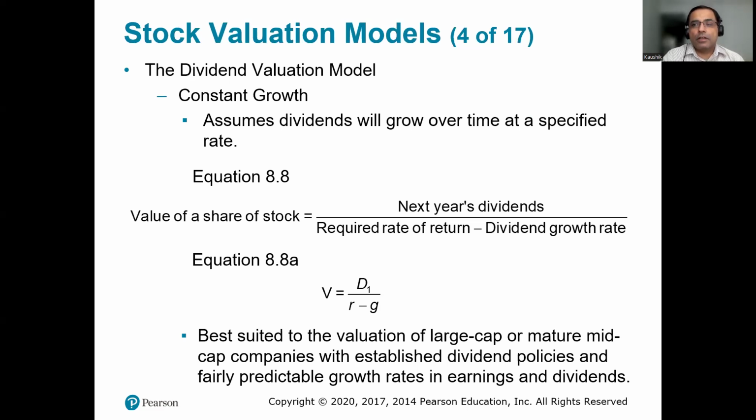So this formula is more relevant for large cap or mature mid cap companies. So they have a predictable dividend payout policies and also a predictable growth rate in earnings and dividends. So that helps us to apply the model and get a realistic estimate of the intrinsic value.